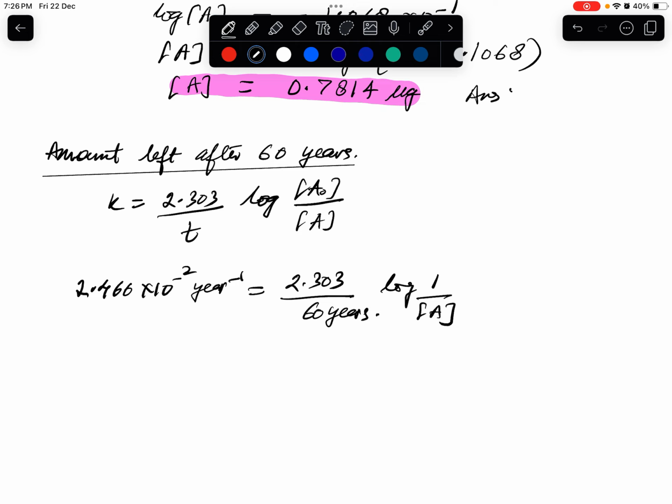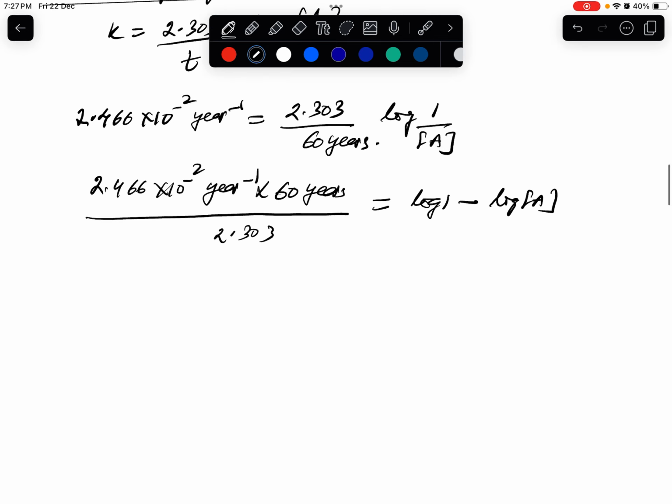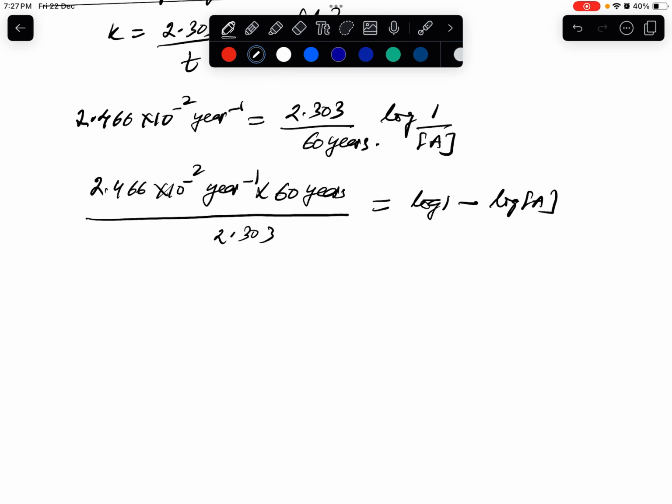Okay, so we will have 2.466 into 10 raised to the power minus 2 per year multiplied by 60 years divided by 2.303 is equal to log 1 minus log of A. The numerical quantity that we have here after multiplication and division, we get it as 64.247 into 10 raised to the power minus 2.